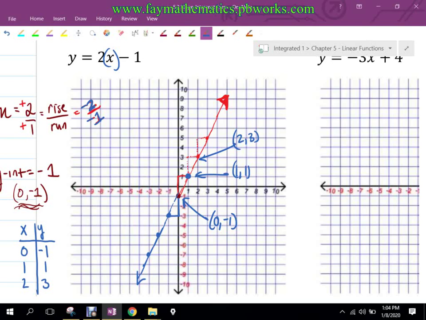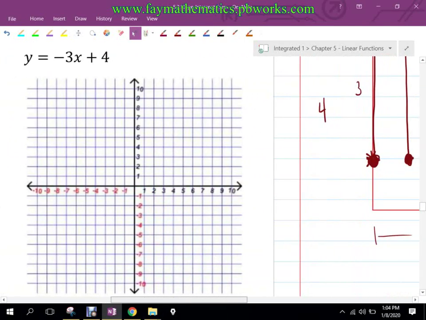This is a visual representation of an infinite number of points. Y equals 2x minus 1 is a rule that allows us to generate that infinite number of points, whether through a graph like this or through that table of X's and Y's. Does that kind of make sense? You guys kind of see the comparison or the crossover from what we already know how to do and what we're now learning? Okay. So let's go over here to this next one.